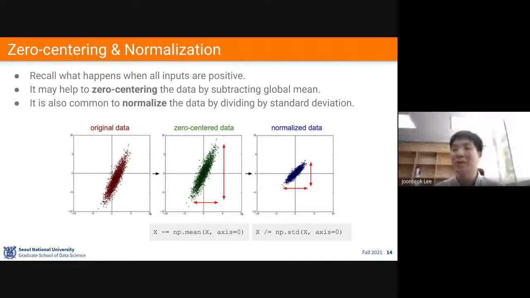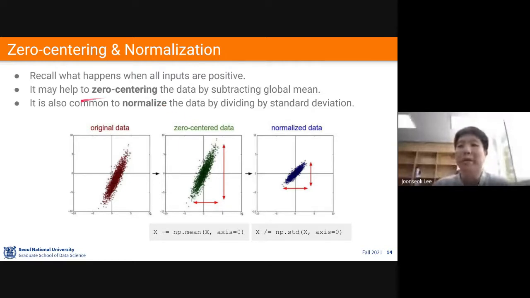So people use a lot of data processing or data augmentation to make better use of those data sets. And here we are going to learn some basic skills we can apply to our data set.